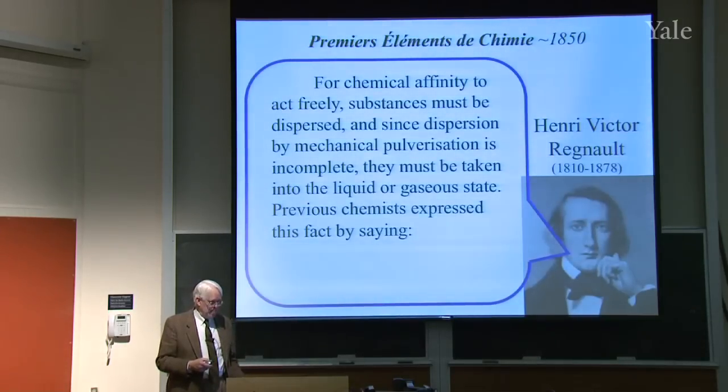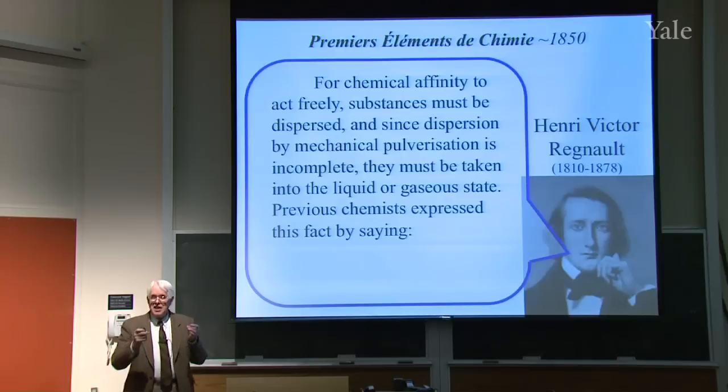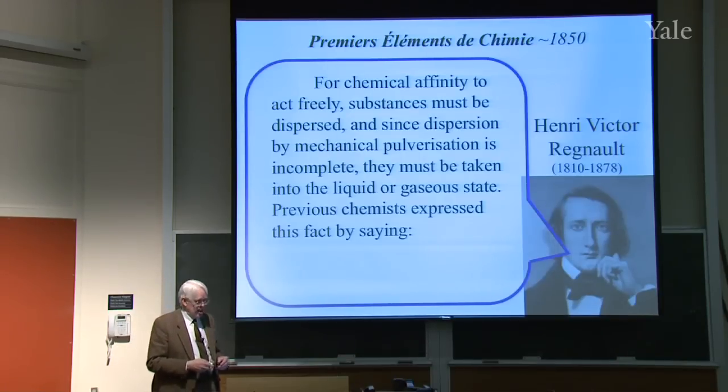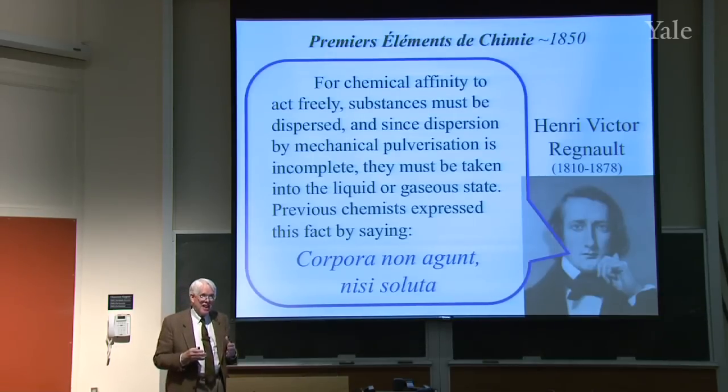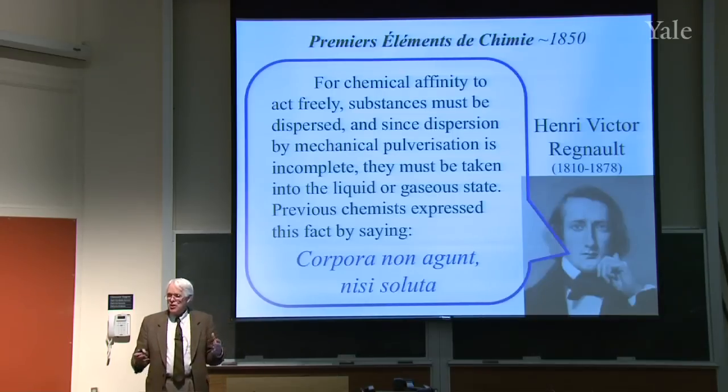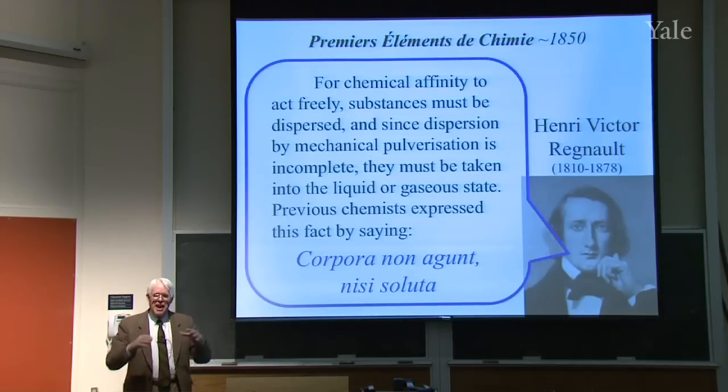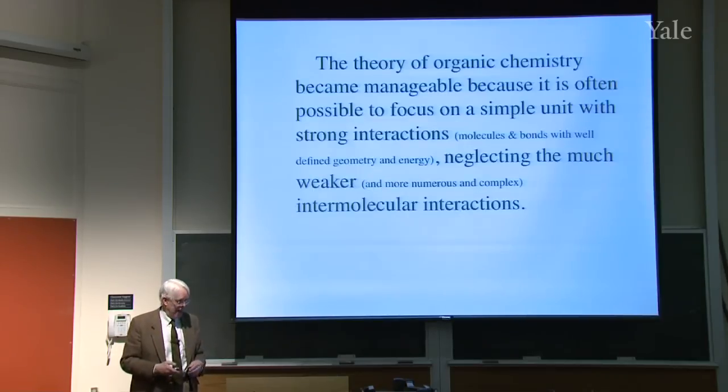Since dispersion by mechanical pulverization is incomplete, molecules have to touch molecules, not just particles touch particles. They must be taken into the liquid or gaseous state. Previous chemists expressed this by saying, corpora non agunt nisi soluta: substances do not react unless they're dissolved. So this dissolution, what's around the things, is going to be important in understanding reactions.